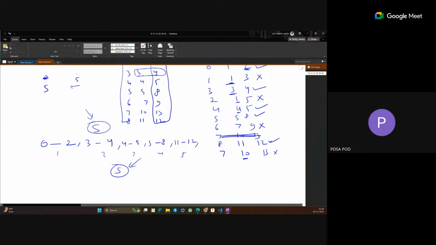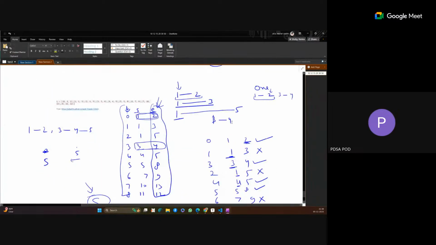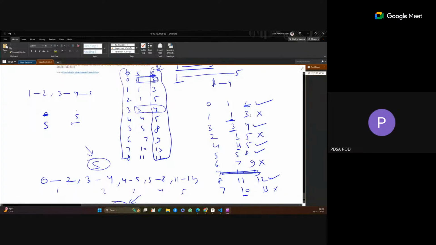So the steps to solve this algorithm: first sort the activities based on end time in increasing order. After that, select one by one, and every time compare the start time to the previous activity's end time. If it is smaller, skip. If it is equal or greater, select, and repeat this process.